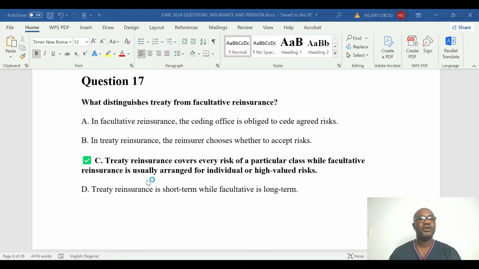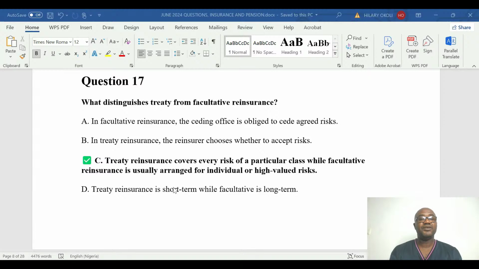Question 17 says, what distinguishes treaty from facultative reinsurance? What's the difference? Treaty reinsurance covers every risk of a particular class. Every risk is covered, while facultative reinsurance is usually arranged for individual or higher-value risks.